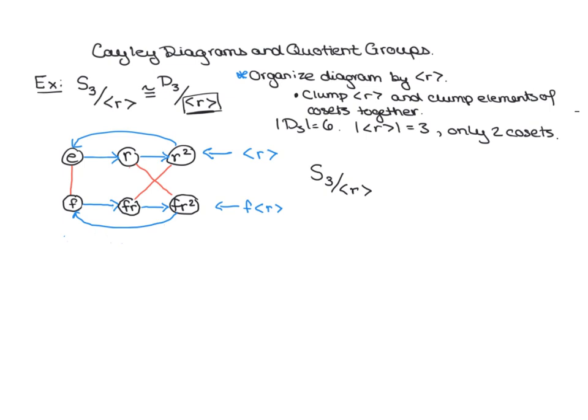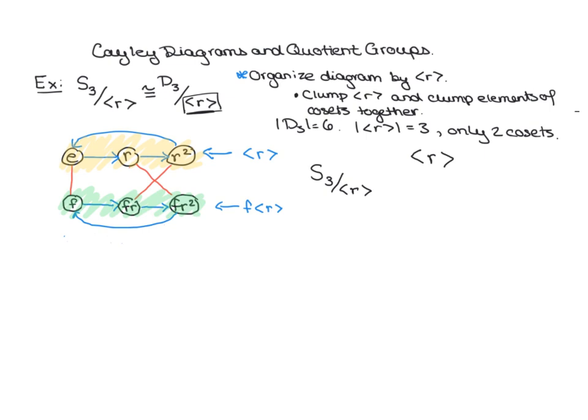So I can shade the elements of one coset and shade the elements of the other coset together. Okay, and here I'm identifying the cosets. And then S3 modulo R will just be what happens when I identify all of those nodes together.